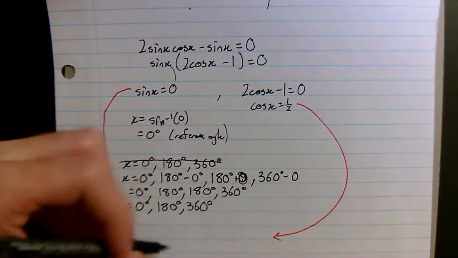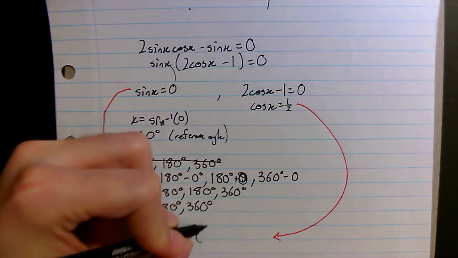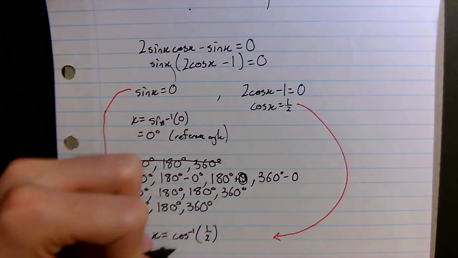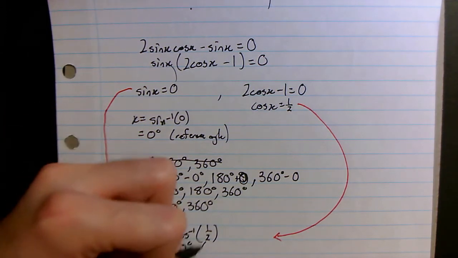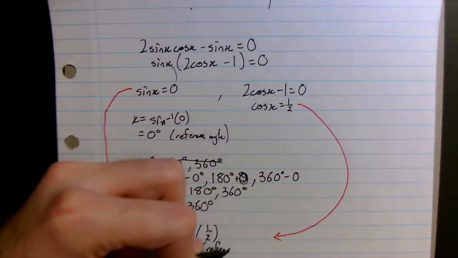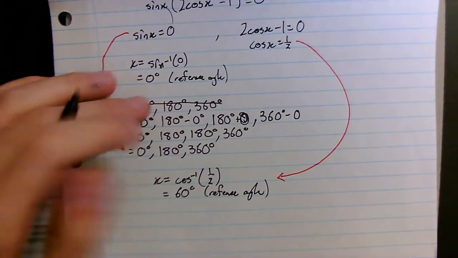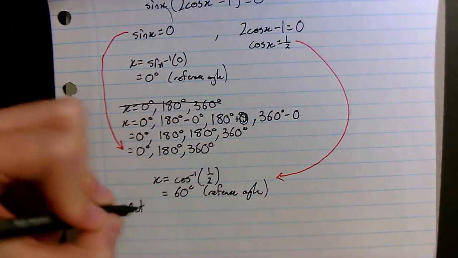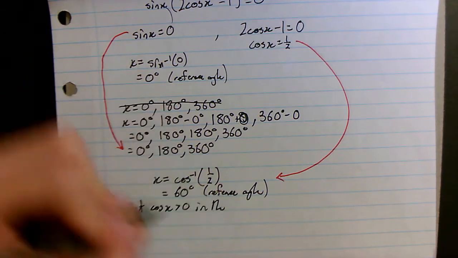So same thing, x is equal to inverse cos of 1/2, and that's equal to 60 degrees, and that's our reference angle. And then we say, but cos x is greater than 0 in the, so where's cos x greater than 0?